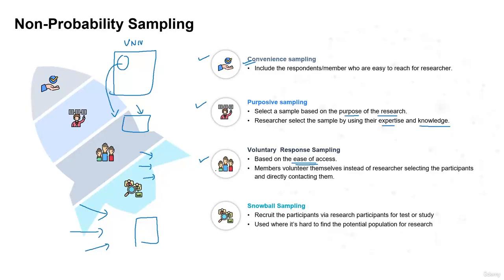Next comes snowball sampling. If the population is hard to access, snowball sampling can be used to recruit participants via other participants. It is used where it is hard to find the potential population for research. For example, you are researching experiences of homelessness in your city.